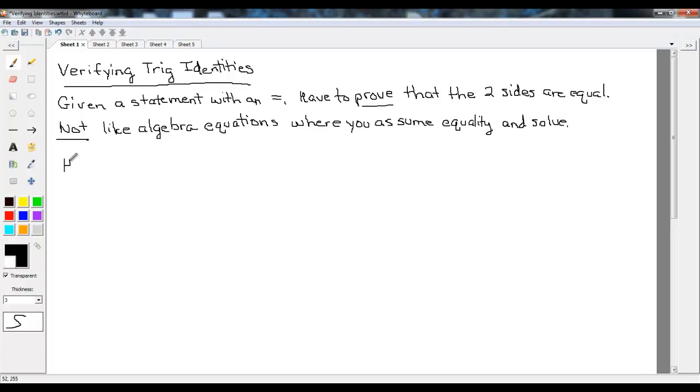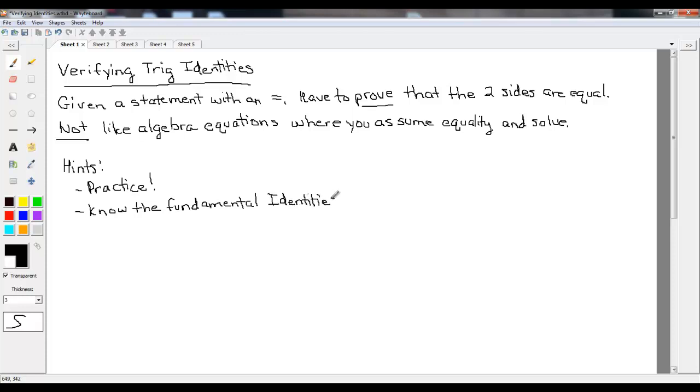Some helpful hints or tips to keep in mind in this process. First of all, make sure you practice, because the only way you're going to get good at verifying identities is by doing a bunch of them. Know those fundamental identities. Start with the more complicated side.